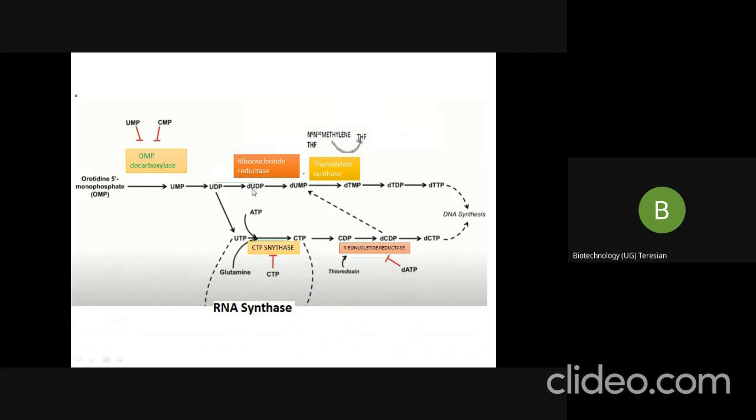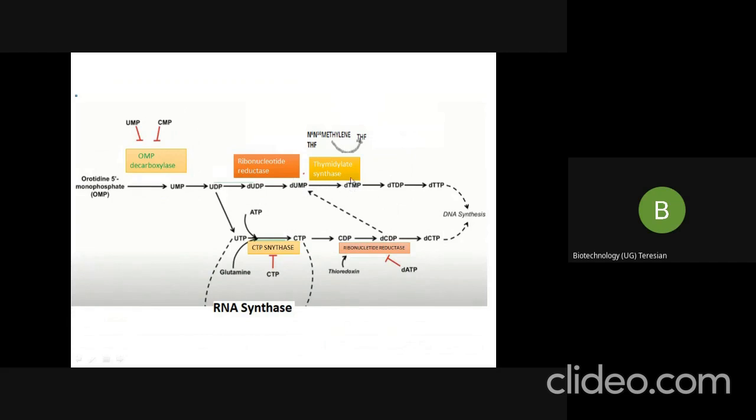D means deoxyuridine diphosphate. And this dUDP is then converted into dUMP, which in turn gets converted to dTMP, that is deoxythymidine monophosphate.